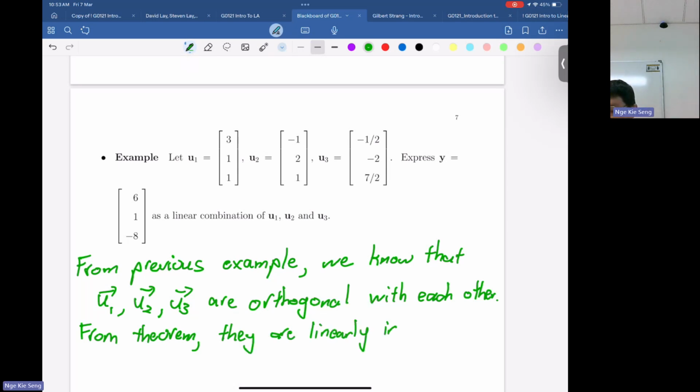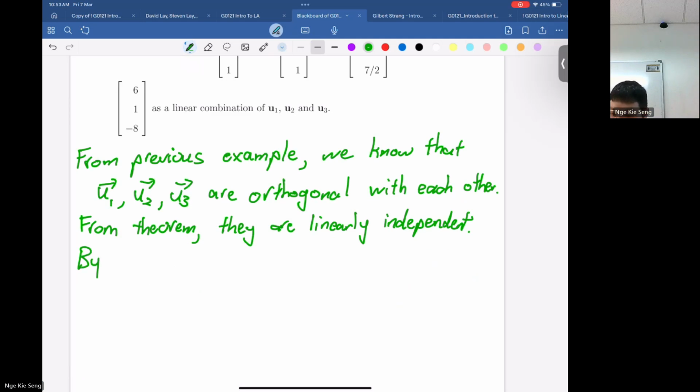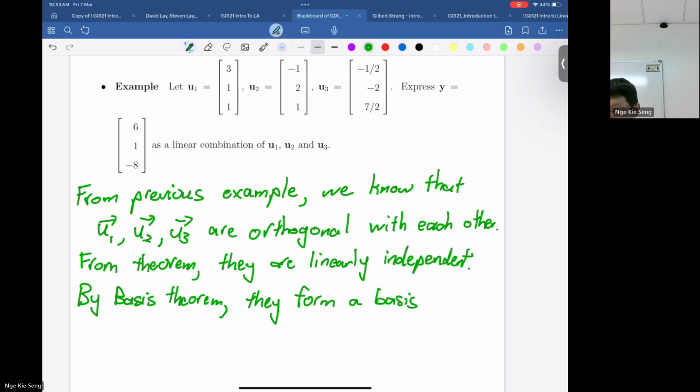But you see, you have three linearly independent vectors in R3. Meaning what? By the basis theorem, they form a basis for R3.